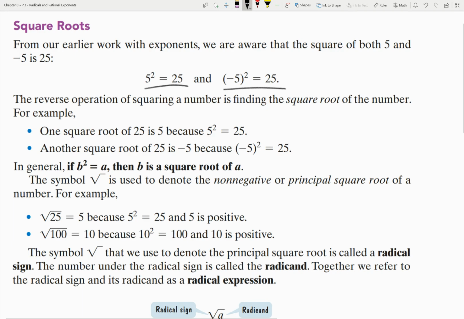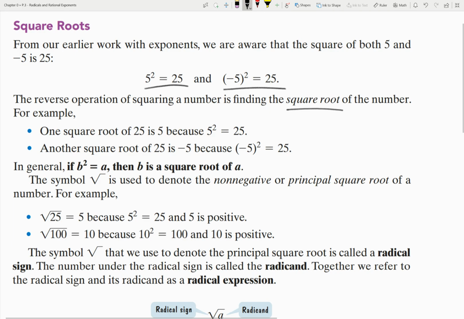So negative 5 squared is also 25. When we do the reverse of that, that's called finding the square root of a number. So if we reverse that thinking, one square root of 25 is 5, and another square root of 25 is negative 5. In general, if b squared equals a, then b is a square root of a.